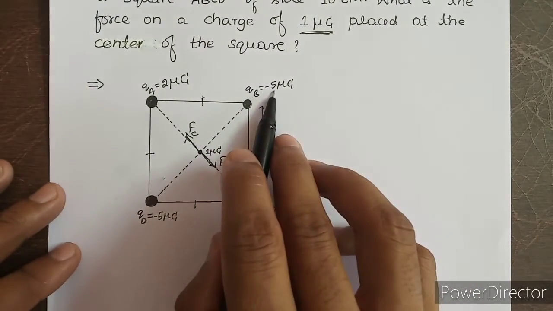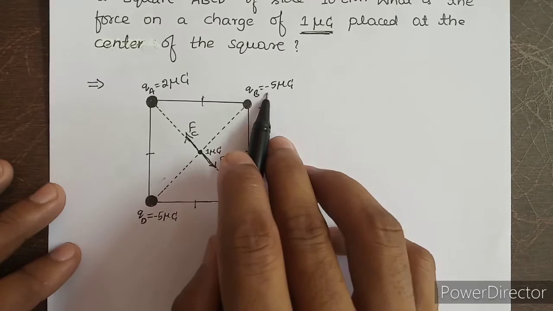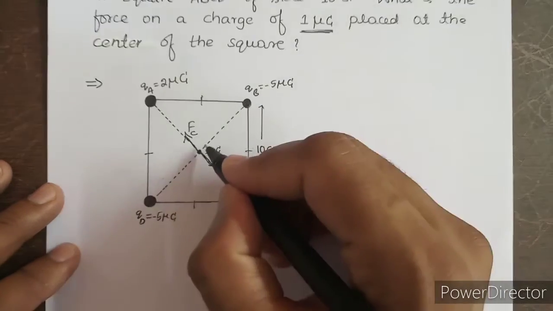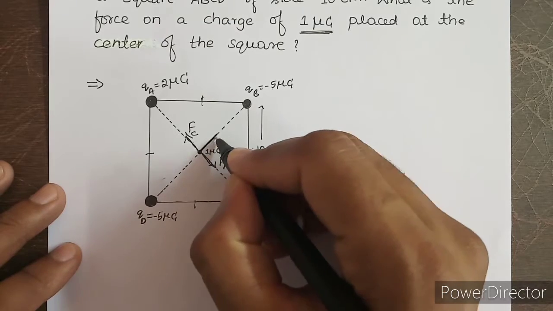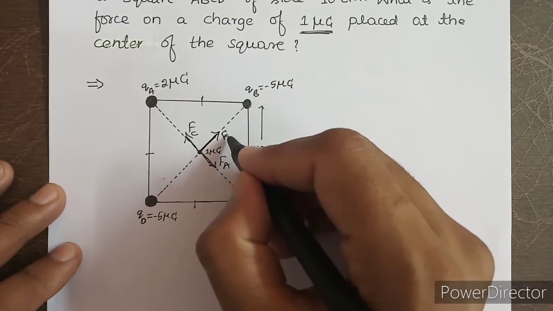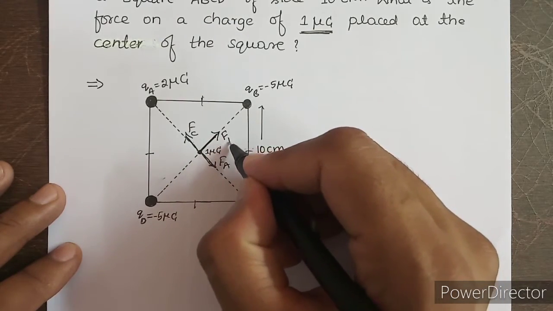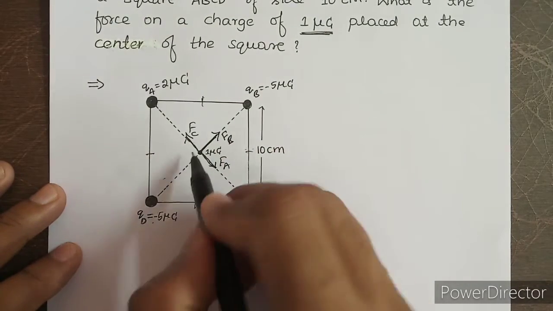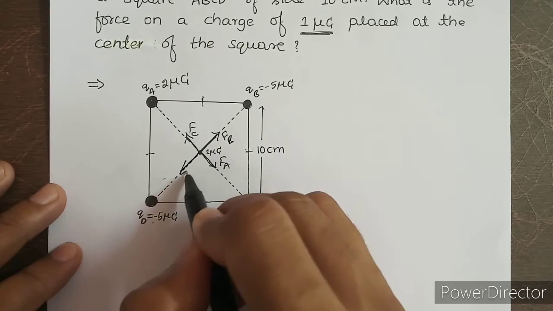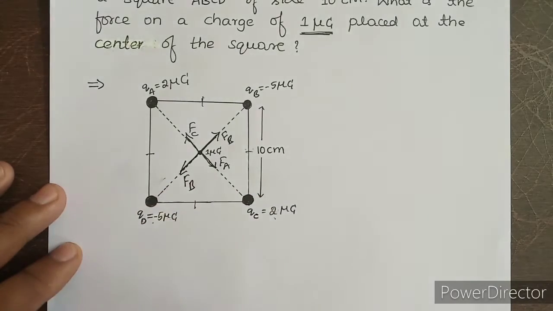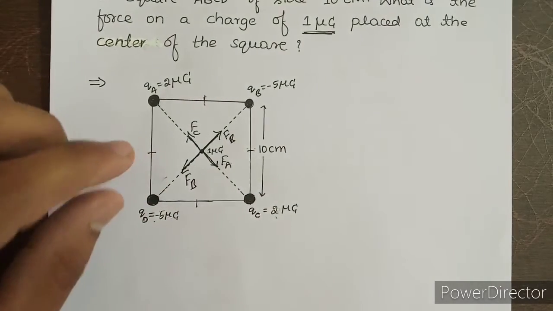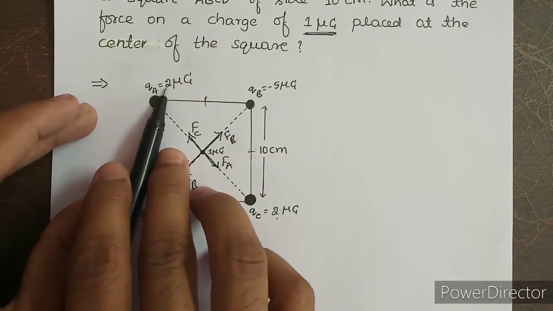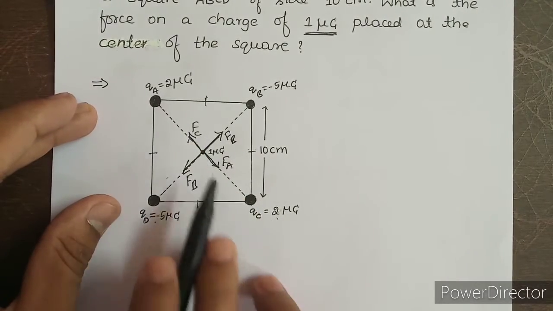Then we have these two charges. This is negative charge. This one is positive charge. The force of attraction between the two charges will be in this direction. So this is FB, and this is negative charge, and force on this one will be in this direction. That is FB. Now look at this. Just by analysis only we can tell here 2 microcoulomb is there, here also 2 microcoulomb is there.